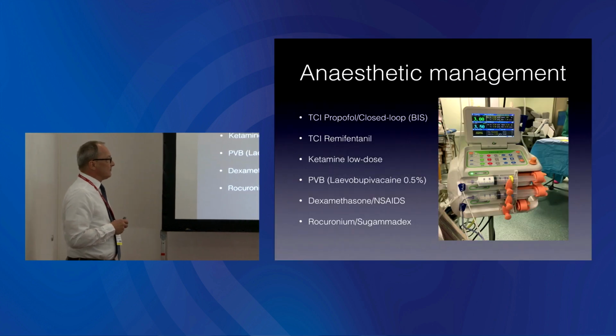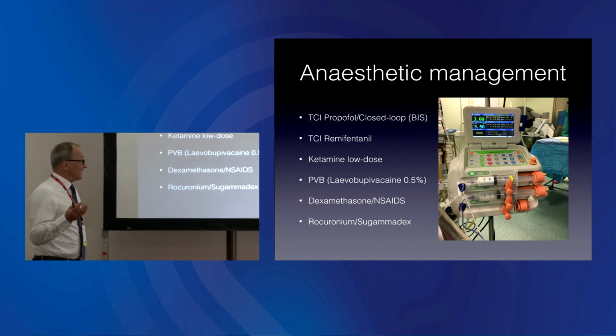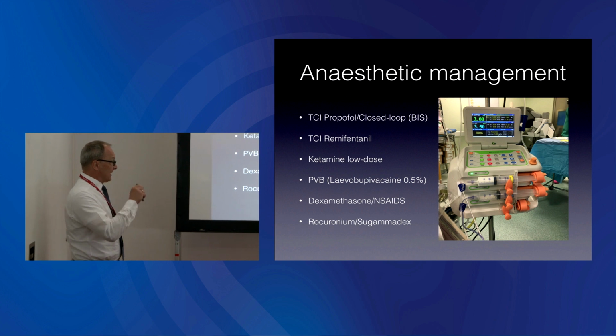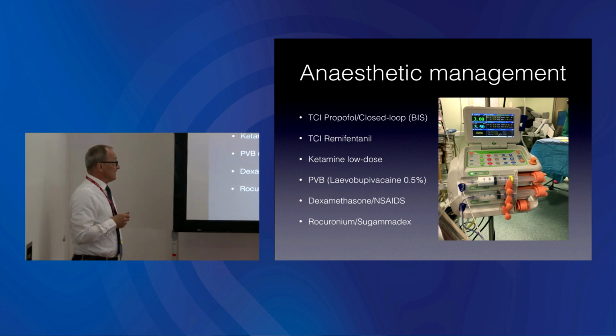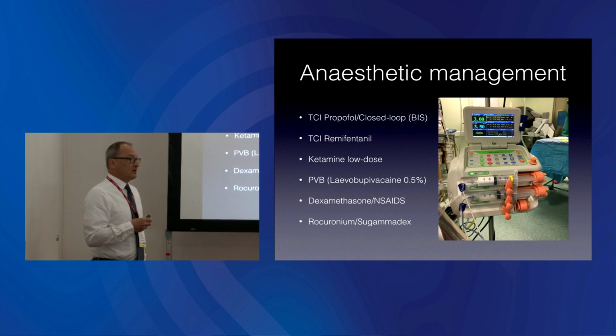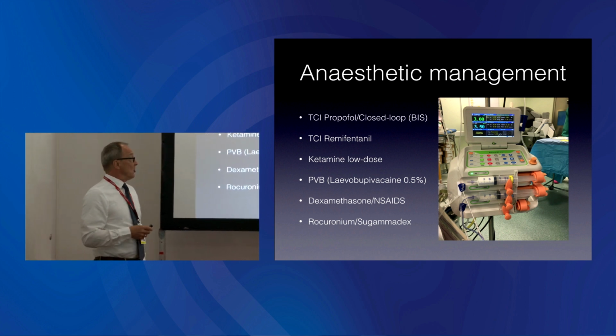With applying a standard protocol in thoracics, we're using intravenous anesthesia there. We recently moved to standardize the propofol element to a sort of basic feedback closed loop system. We use remifentanil that we titrate roughly between 3 and 3.5 nanogram per ml, not necessarily more.